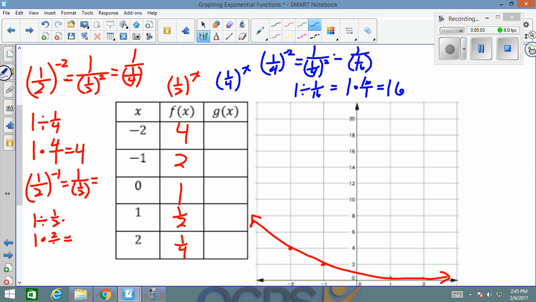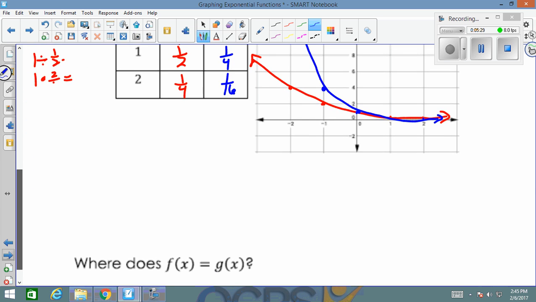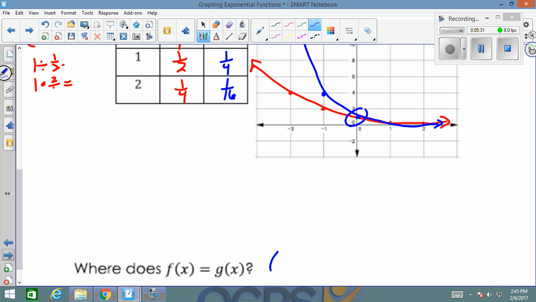So that would become 16. Then this would be 4, 1, 1/4, 1/16. So we're going to graph that. It looks something like that. And remember, you don't cross or touch the x-axis, it's considered an asymptote. So again, f of x equals g of x at 0, 1.